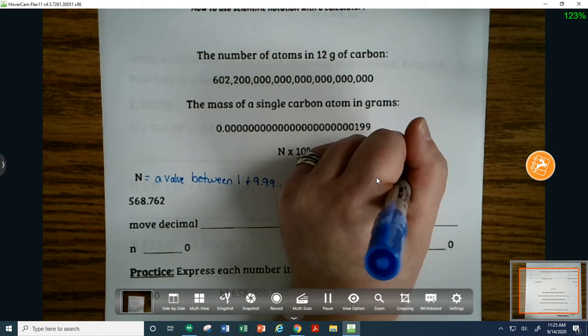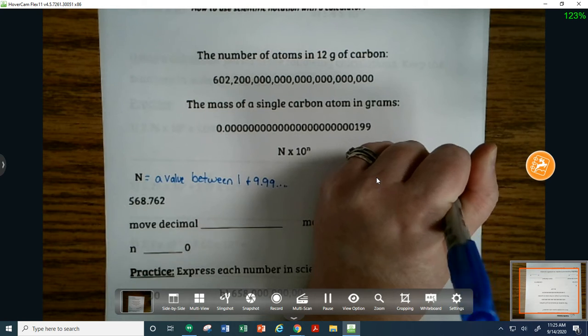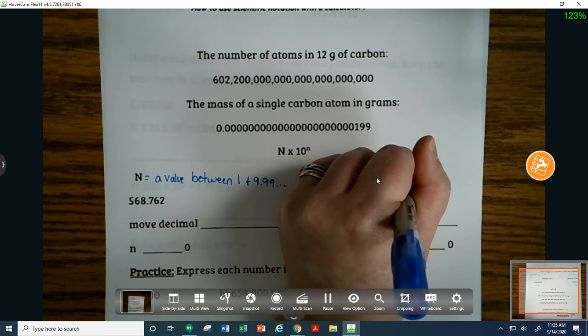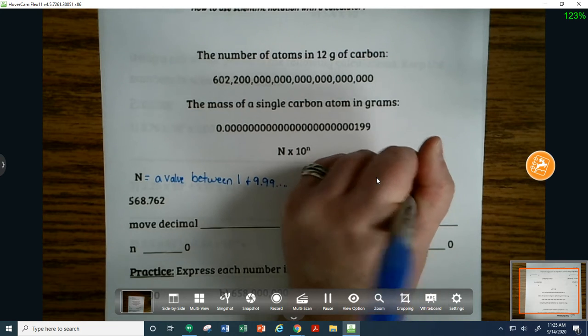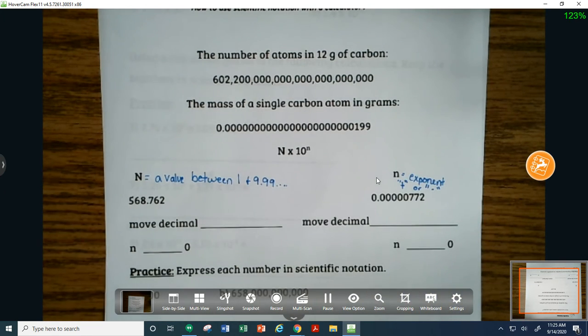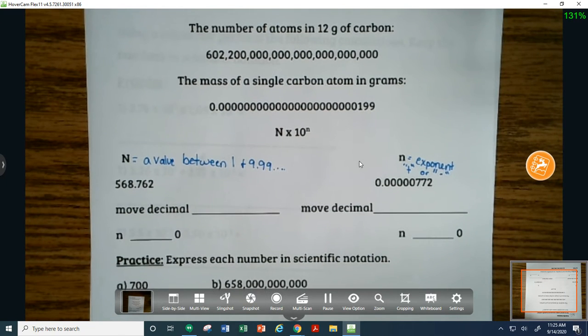The little n is where you put an exponent, and your exponent has two options in scientific notation. It can be positive or negative, and that tells you a couple of different pieces of information as well. I have two examples to start with to put a number into scientific notation.